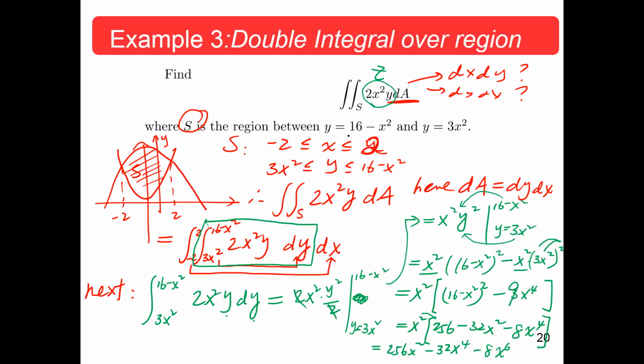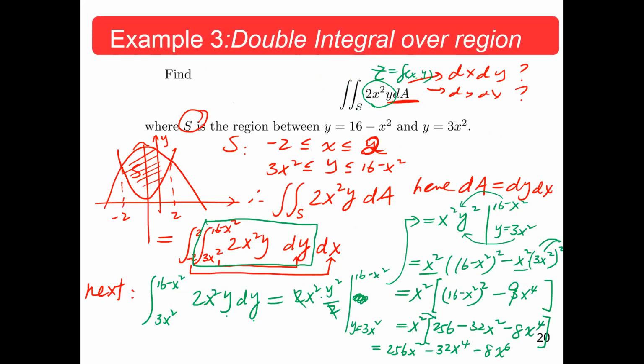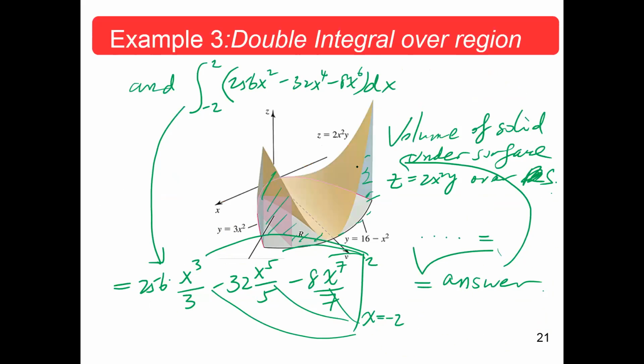Well, I intentionally put a z here, just to match the graph that we used before. So this is a z, 2x squared y, and we're integrating over the region R. Okay, R makes sense. So the amount you get is actually the volume of the solid under the surface over the region R. Okay.